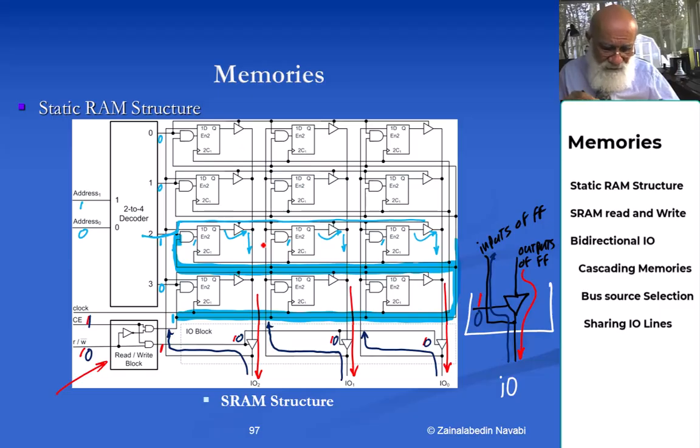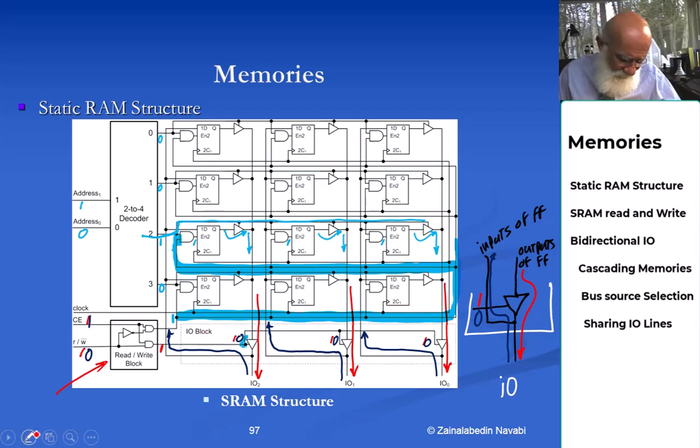And then as soon as the clock arrives, notice that since I'm writing, and since I have a 0 on these tri-states, therefore the dark blue line will be conducting and bringing data for me into the D inputs of the flip-flop.